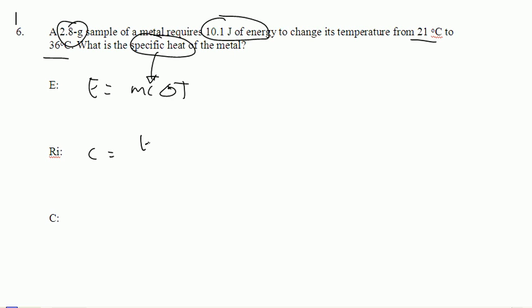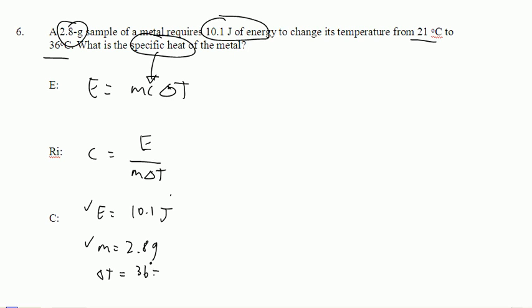From the last problem, we knew that C equals E over m delta T. So we're going to set up our crisscross. They give us 10.1 joules. This is good. We want joules. M, 2.8 grams. Perfect. We want grams as well. Delta T, and we're home free.